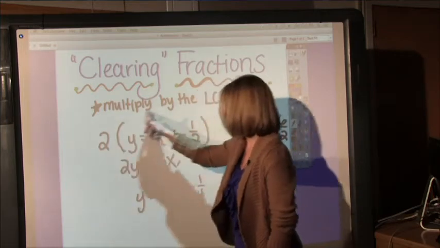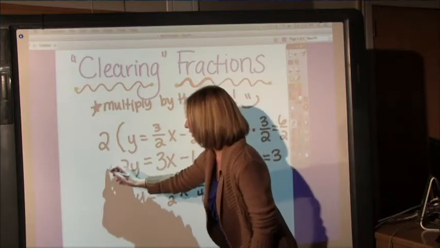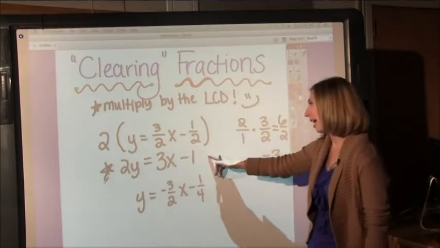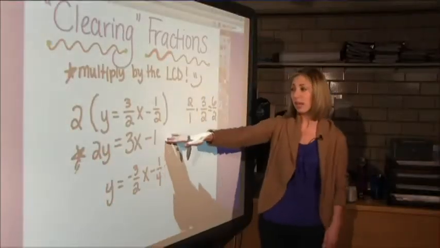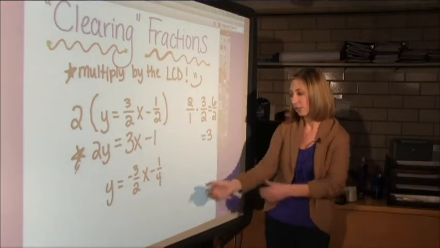Then when I take 2 times -1/2, I get -1. So we end up with an equivalent equation that is nicer to work with because we have whole numbers and integers versus fractions. So it cleared the fraction.